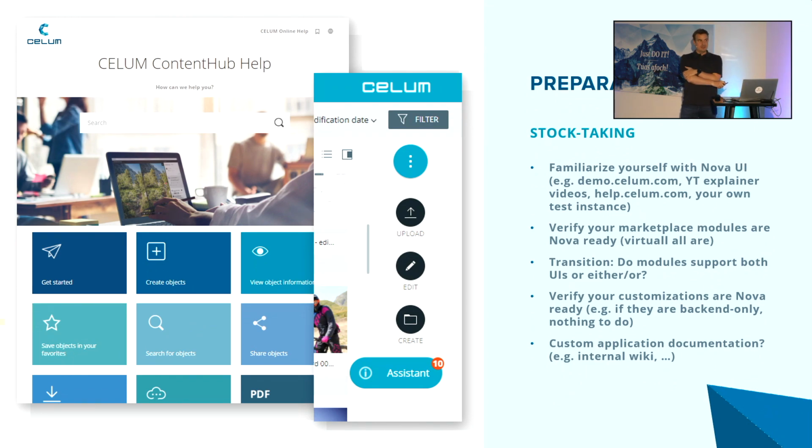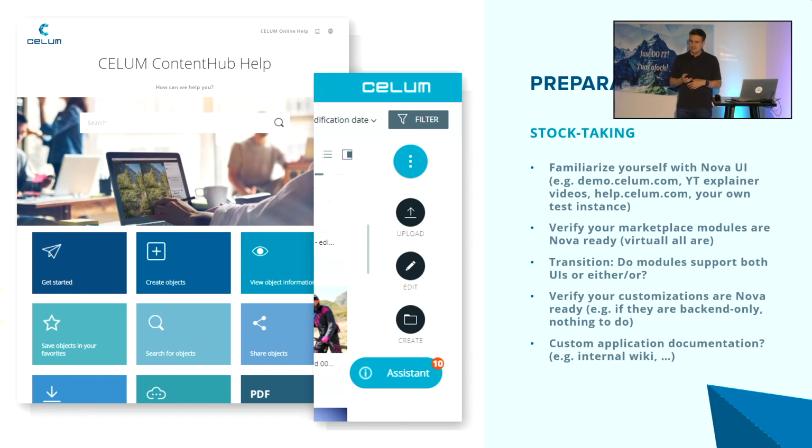Usually you would begin with a kind of stock taking, right? So you familiarize yourself with Nova, how it's used. There are several different options, obviously. I mentioned the explainer videos. They're available on YouTube. You just have to go to the CELUM channel. Obviously, there's help.celum.com, which is the online help that also explains how to use Nova.